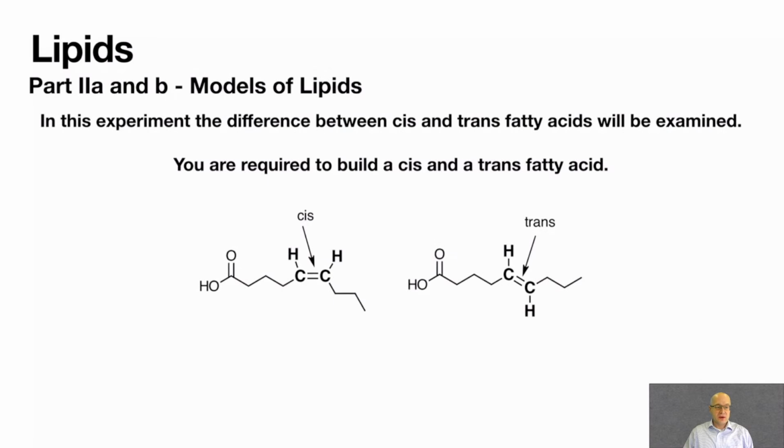And in part 2B, you'll be looking at the difference between cis and trans fatty acids. Let me discuss that shortly here. When you have a fatty acid, you have a carboxylic acid here and a long hydrophobic tail. If the hydrophobic tail contains a double bond, it is considered unsaturated.